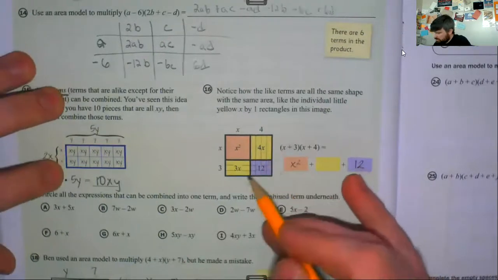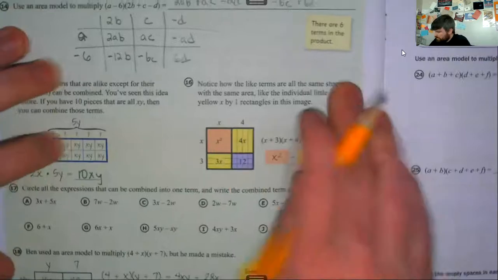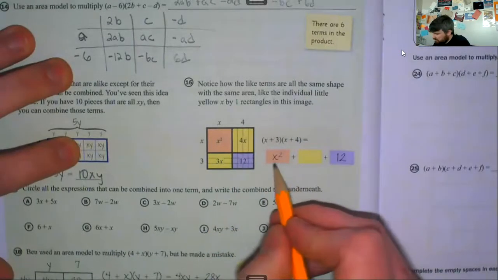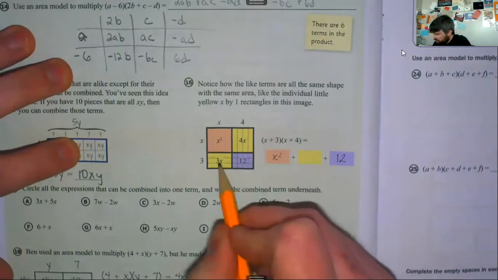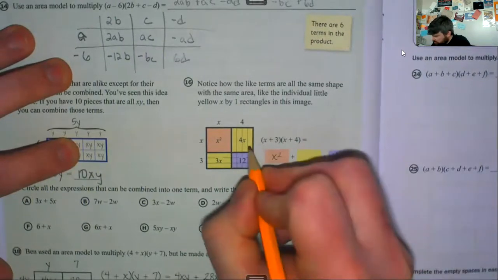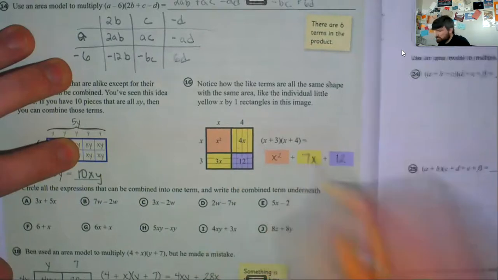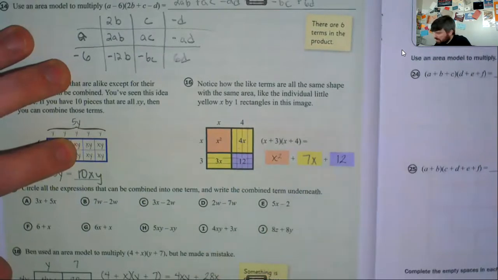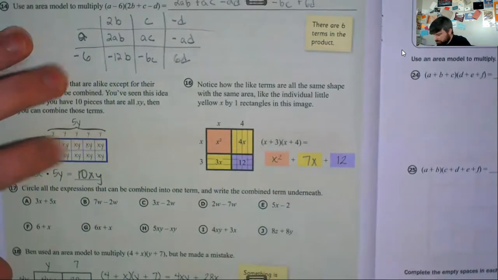These are actually called algebra tiles that they've used here. So I've got an x squared here, and I've got 4x and 3x. Total there are 1, 2, 3, 4, 5, 6, 7 x terms plus 12. And this is the algebra that we're moving towards.